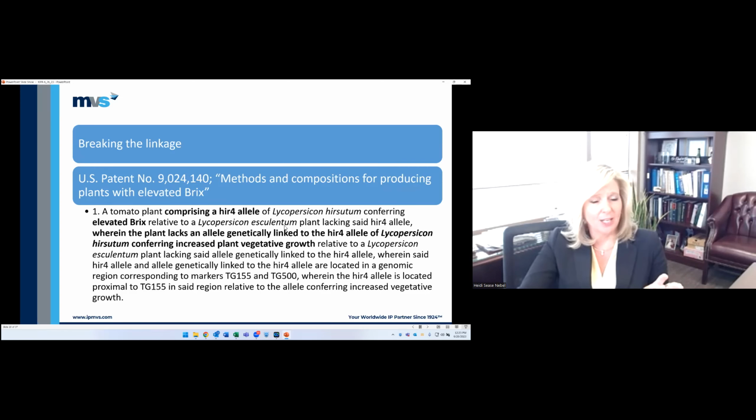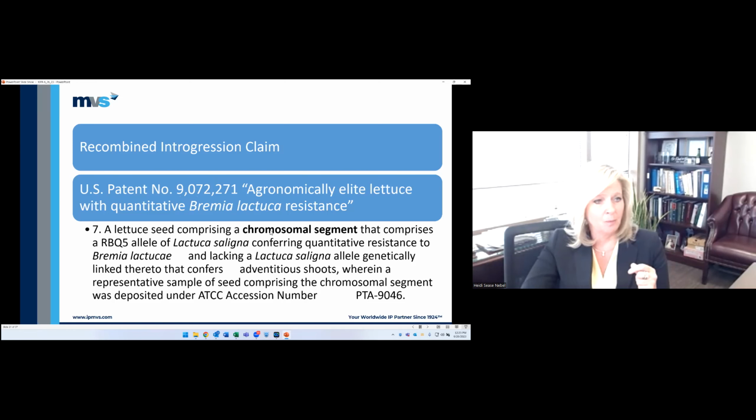We can patent traits as a result of breaking a linkage. For example, where we've got a particular allele that traditionally coexists with another detrimental allele, breaking that linkage between the two so that we can claim one apart from the other in the particular plant.